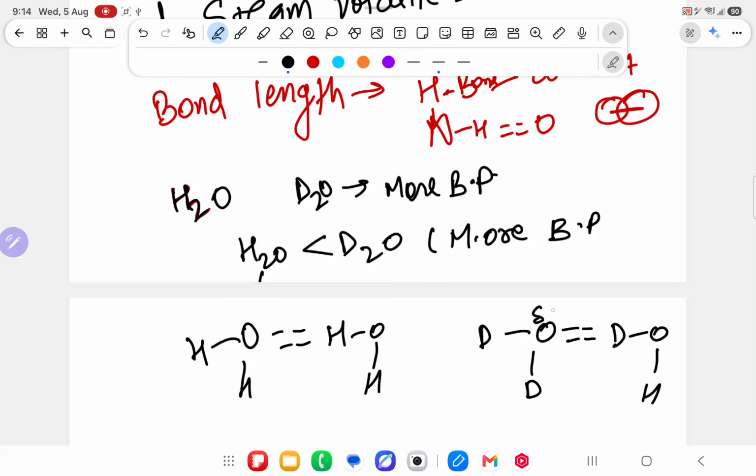D is heavier than H, so it creates more positive character, more attraction, a stronger hydrogen bond, and so a higher boiling point. Understood the point? Sure, short, everyone.